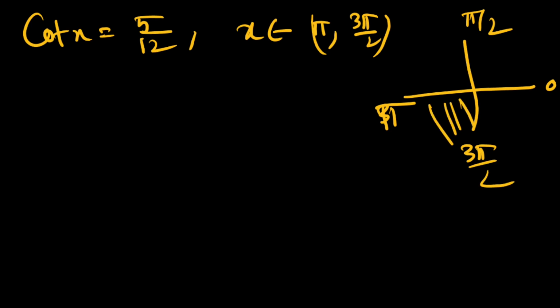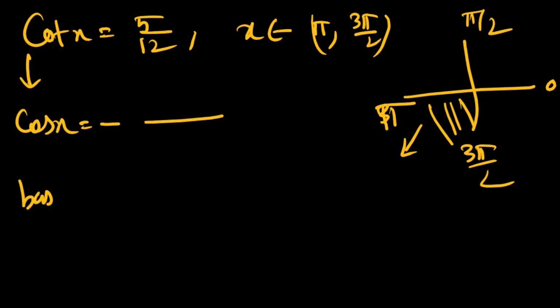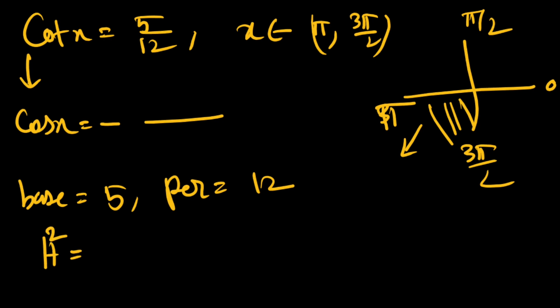Now from here we find the cos x value. In this quadrant sin and cos are both negative. It is given that cot x is equal to 5 over 12. That means base is 5 and perpendicular is 12. We find the hypotenuse: hypotenuse squared is equal to 5 squared plus 12 squared, that is 25 plus 144, that is 169.